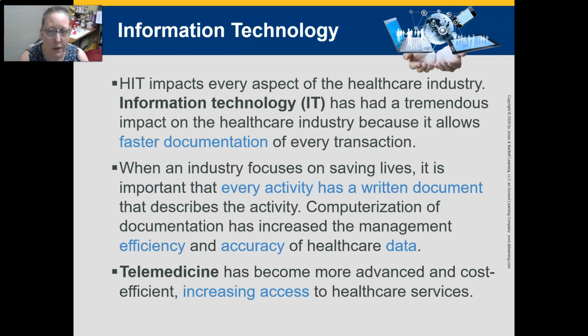Information technology impacts every aspect of the healthcare industry. Information technology has had tremendous impact on the healthcare industry because it allows faster documentation of every transaction, and also these transactions can be audited. When an industry focuses on saving lives, it is important that every activity has a written document that describes the activity.